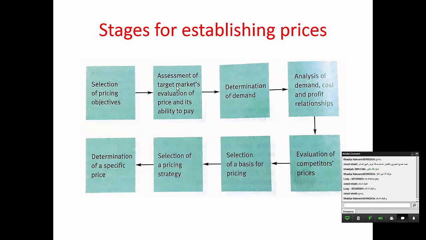Also here is the analysis of demand, cost and profit relationships. We need to make some analysis about the demand, cost and profit. That means when you want to sell your product, you need to analyze your cost.